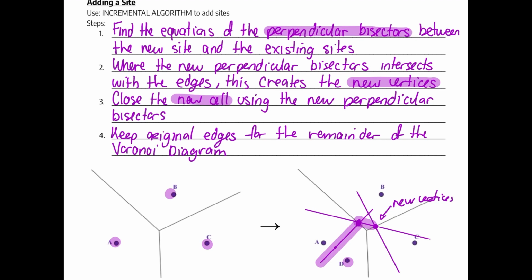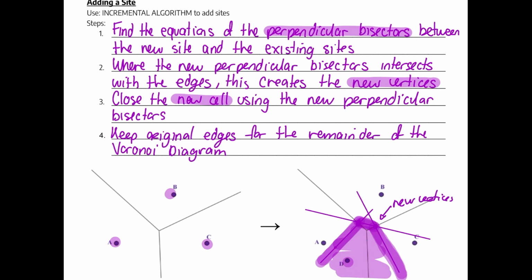And once I hit a vertex, I stop. And I ask myself, okay, from here, should I be going up? Should I be going to the right? Or should I be going down? Which one is the closest to this site D? And we would be going down. So this means that these 3 perpendicular bisectors create the cell for D.